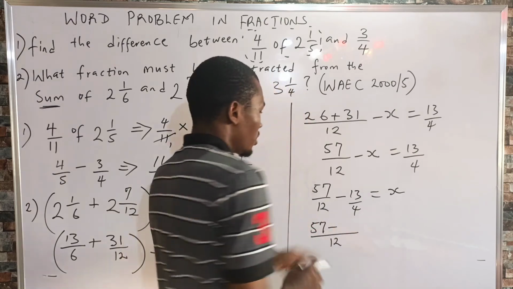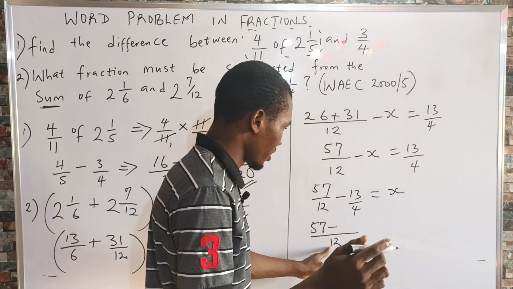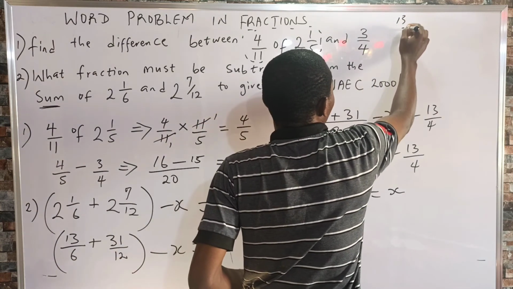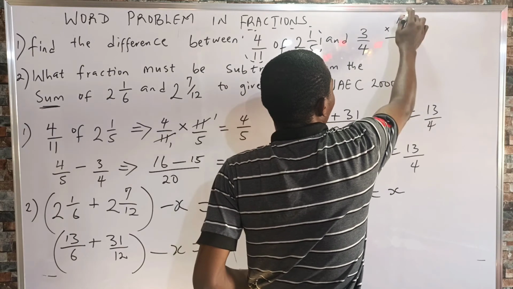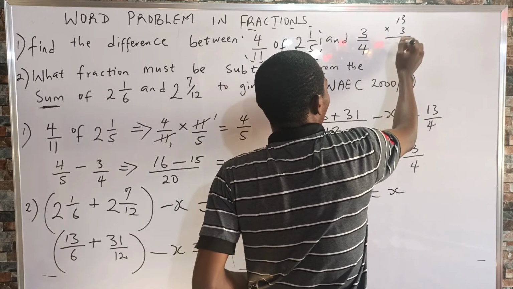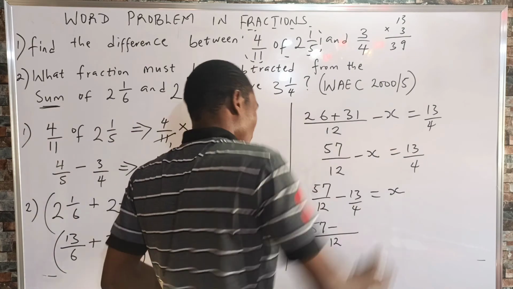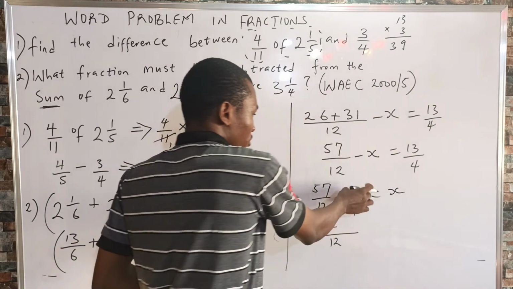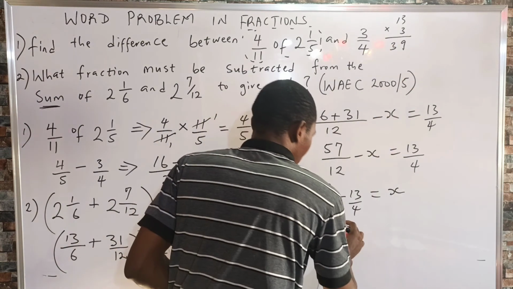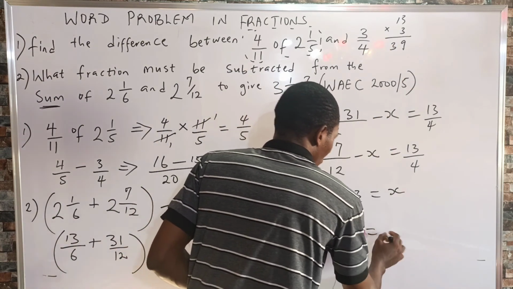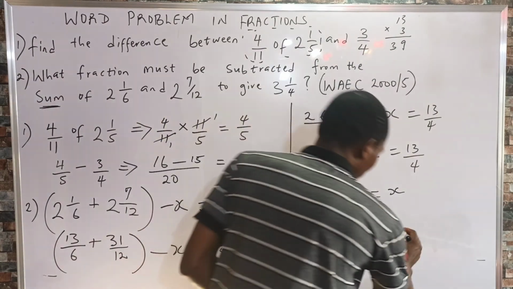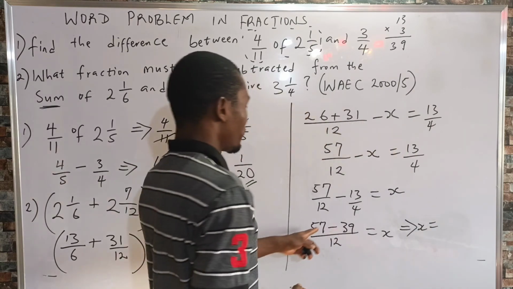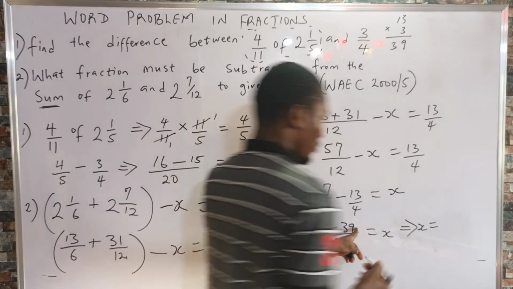Then minus 4 divided into 12 will give us 3, and 3 multiplied by 13, remember this is 13, this is 3. 3 multiplied by 3 is 9, 3 multiplied by 1 is 3, so we have 39. So 4 into 12 is 3, and 3 multiplied by 13 will give us 39, and that is equal to x. Then this implies that our x is now equal to 57 minus 39, which gives us 18.